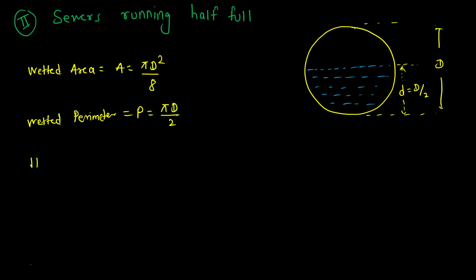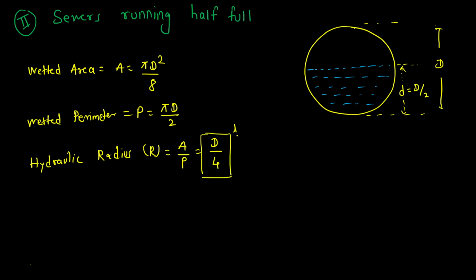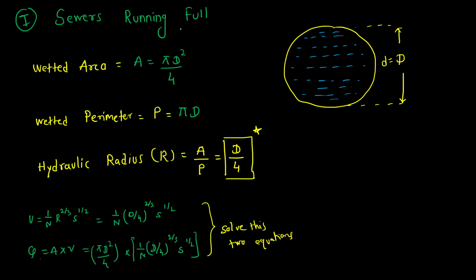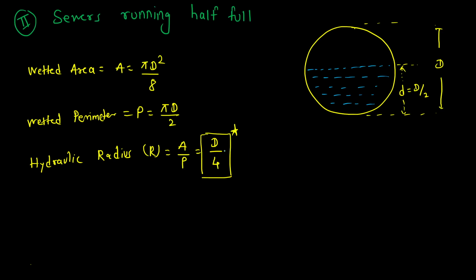Now hydraulic radius R is equal to wetted area by wetted perimeter. If we do this, it should be the same value, because in both cases we have divided by 2 only, so we get the same value here. So you can mark this one point: the hydraulic radius for both sewers running full and sewers running half is the same.